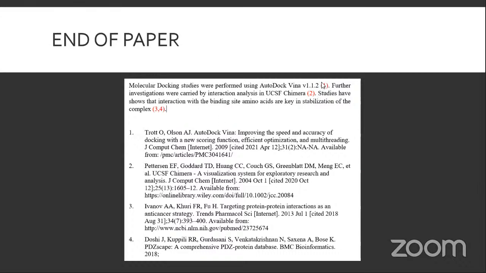For example, reference number 1 is part of a particular study, that is AutoDock Vina: improving the speed and accuracy of docking with a new scoring function, and so on. Then 3-4 belongs to these studies, and so on. This way, at the end of the document, you will add the list of references in a format prescribed by the journal, or whatever is of your own choice or preference.